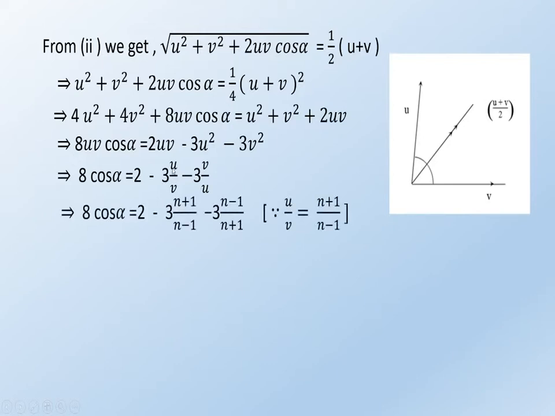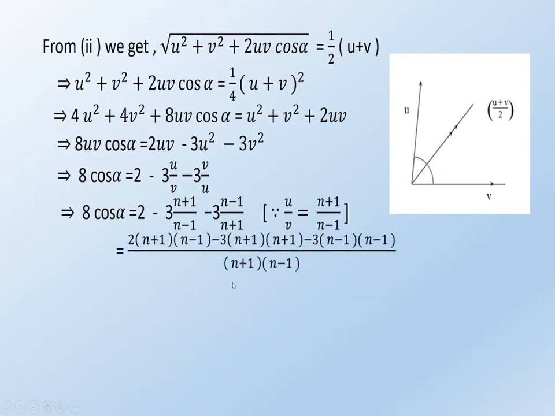Now, if we put the value of u by v, then we get 8 cos alpha equals 2 minus 3 (n plus 1) by (n minus 1) minus 3 into (n minus 1) by (n plus 1). Now, the LCM of these three terms is (n plus 1)(n minus 1). Here, the denominator is 1.